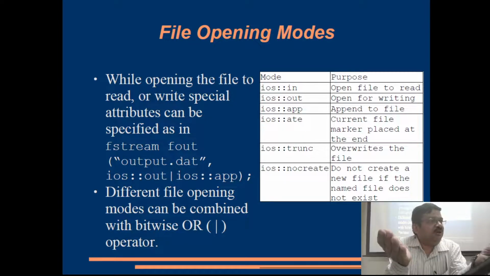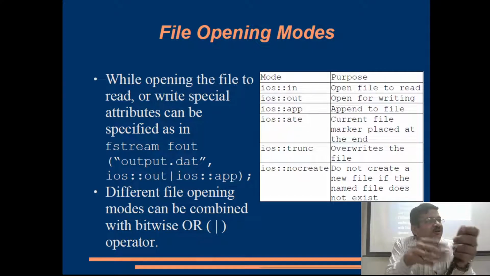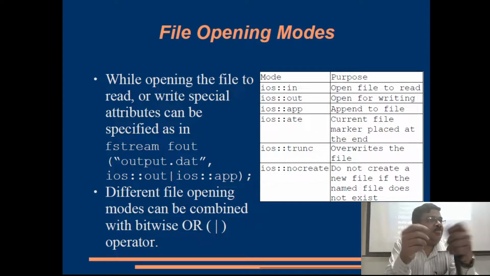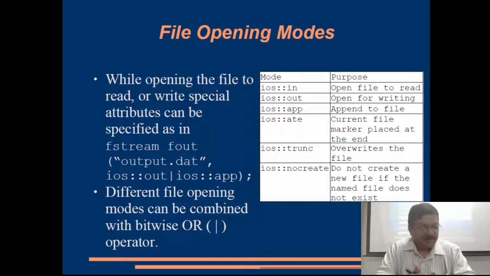Then the program would just flag an error, that there is an error in associating the file with this file object, and the execution would stop. And again, that is something that can help in preventing catastrophe.